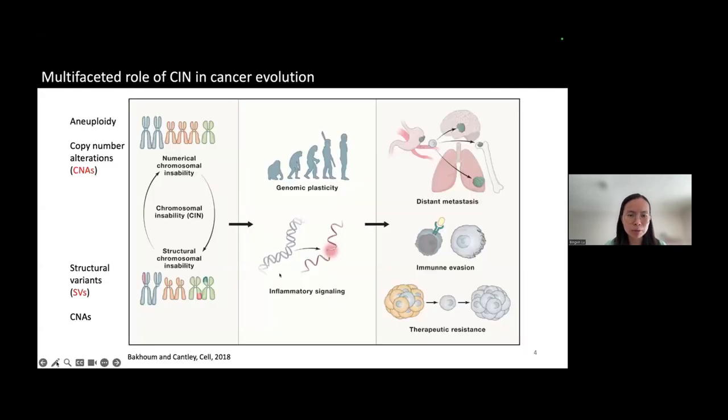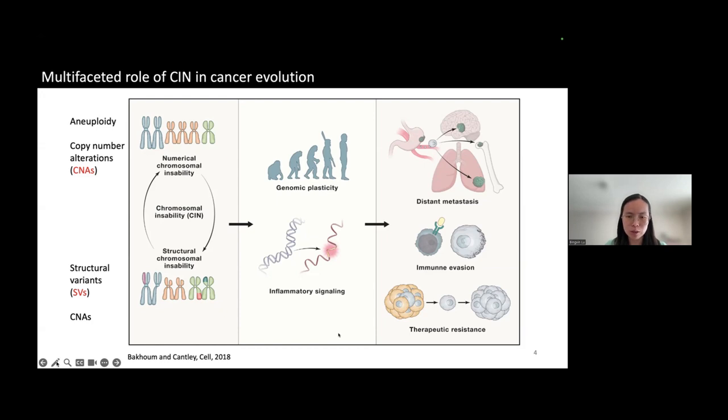CIN plays an important role in cancer evolution. The numerical CIN can generate copy number alterations and aneuploidy. The structural CIN can generate structural variants and CNAs as well. These alterations generate heterogeneity, upon which natural selection acts to enable genomic plasticity.